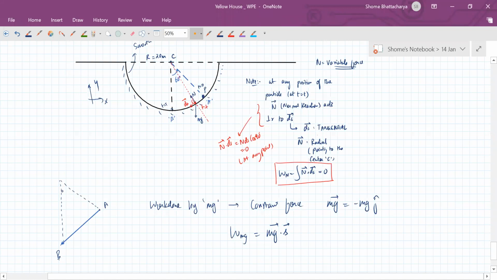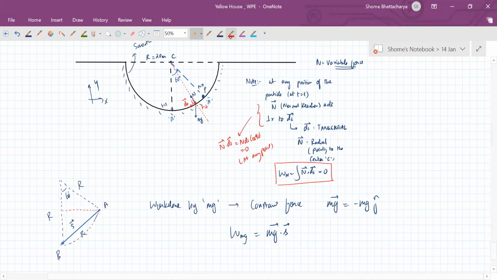by using this geometry. This angle is 60 degrees. So going along this circular path, we can see that the magnitude of the displacement will also be r. Okay.